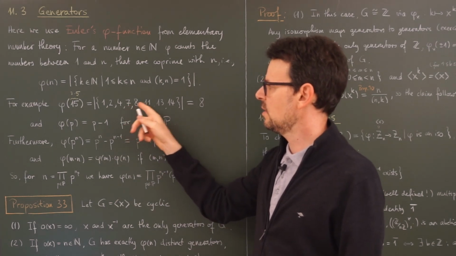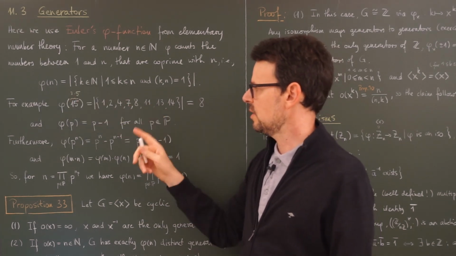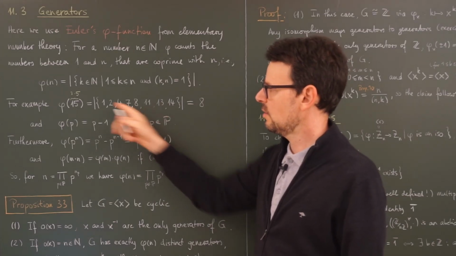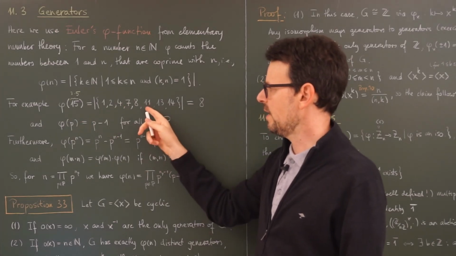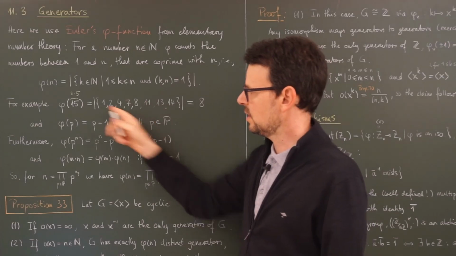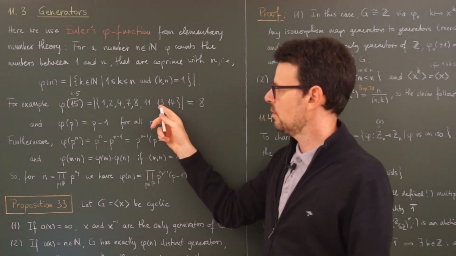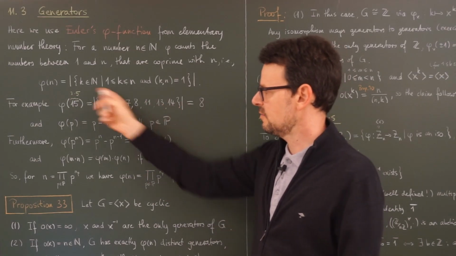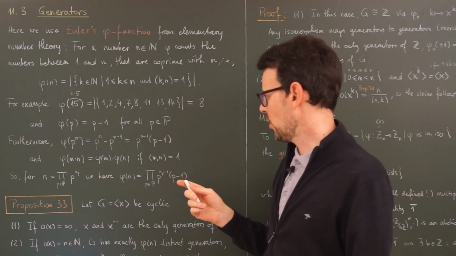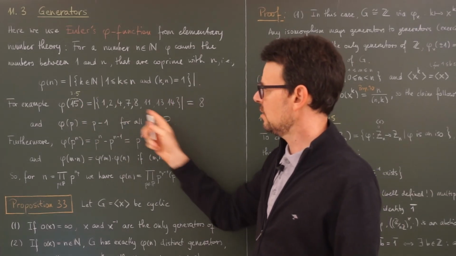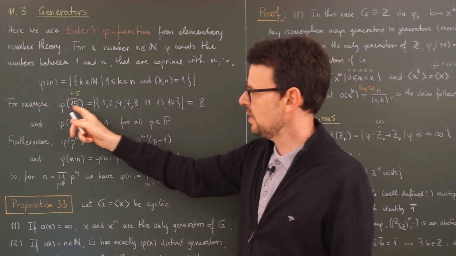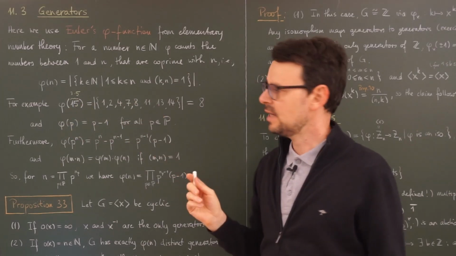Then we have 7, 8, 9 not because of the 3, 10 not because of the 5, then 11, 12 is not in here because of the 3, 13, 14, and of course 15 itself not. So this set here has 8 elements, so phi of 15 is 8.